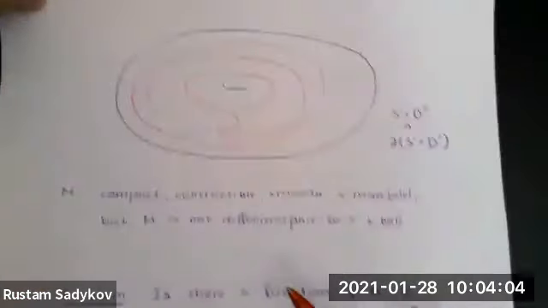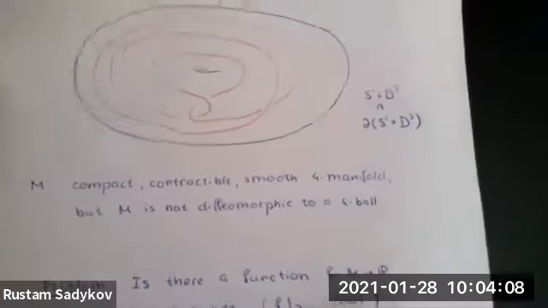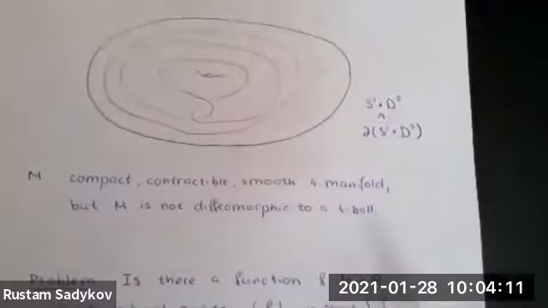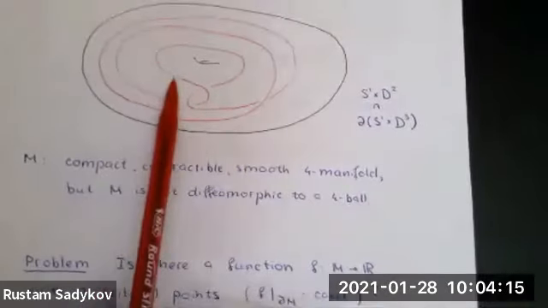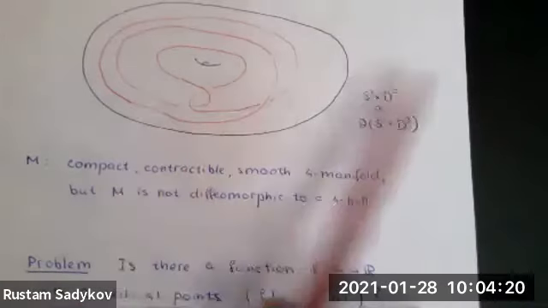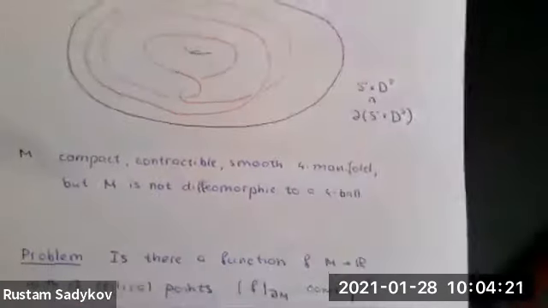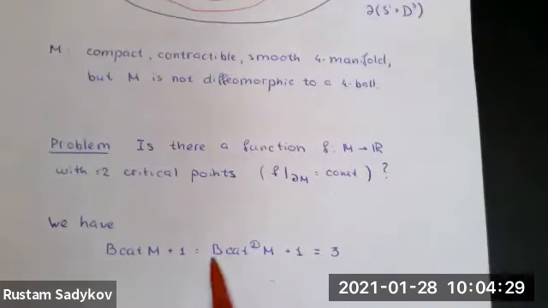So basically, if you try to answer this problem using category, Conley index or whatever, it tells you that you just need 1 critical point. For example, this is contractible, so it means that the Lusternik-Schnirelmann category of this manifold is 0. So these invariants do not work. But on the other hand, we can calculate bcat M and bcat ∂M, and both bcat M plus 1 and bcat ∂M plus 1 are 3.